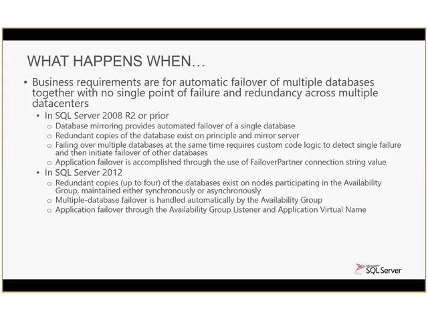Now, in SQL Server 2012, we kind of mix and match the best of all of those. We can get multiple database failover, like SQL Server clustering, through availability groups. We just specify what databases are part of that availability group. We get automatic failover through these listeners and these virtual names, much like a cluster. So we don't have to worry about the failover partner connection string like we did with database mirroring.